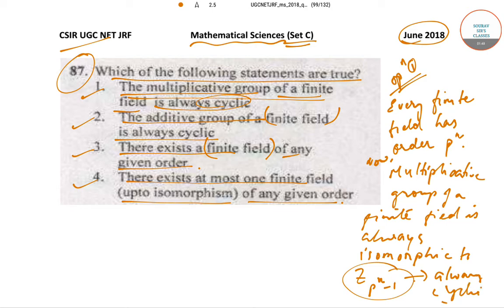So our statement that every multiplicative group of a finite field is always cyclic is true. So therefore option 1 is true.